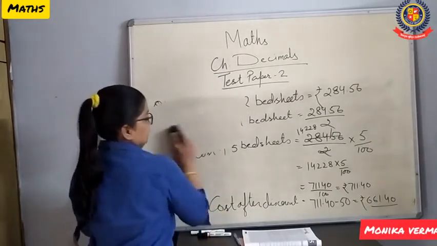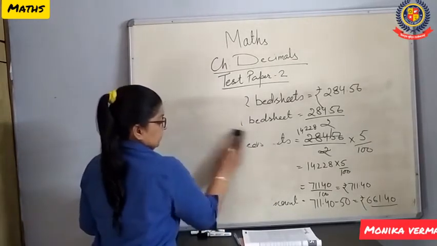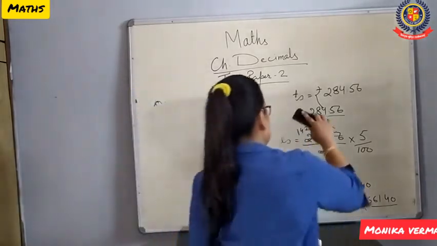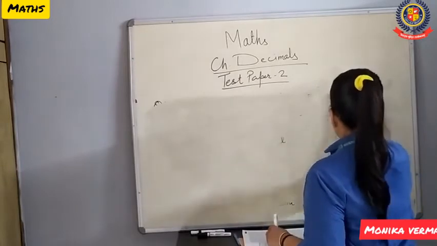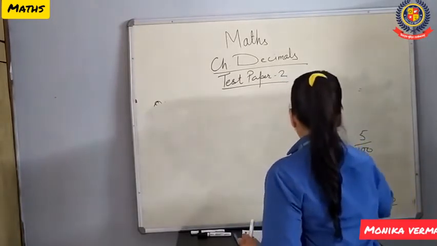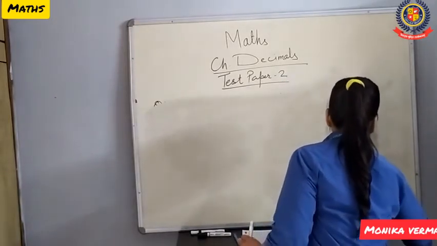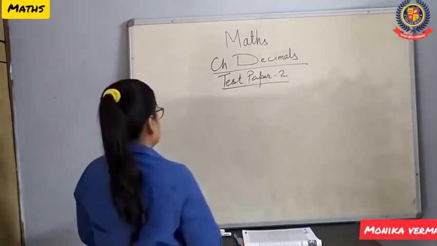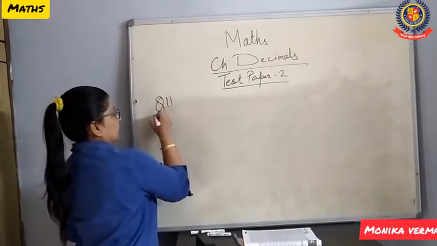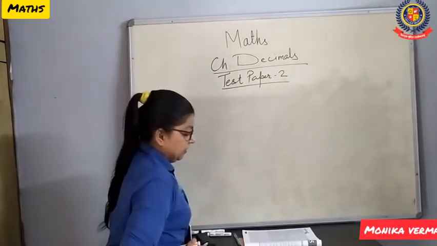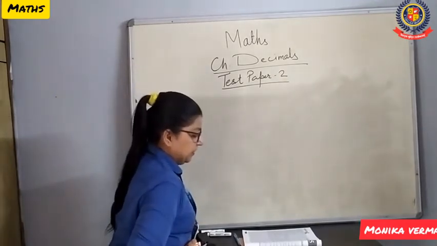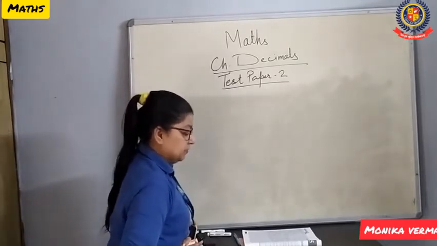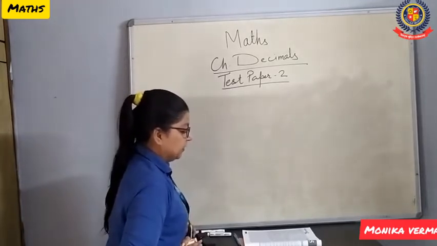Question number 11. If the area and the breadth of a rectangle are 31.25 centimeter square and 2.5 centimeter respectively, find the length of the rectangle.